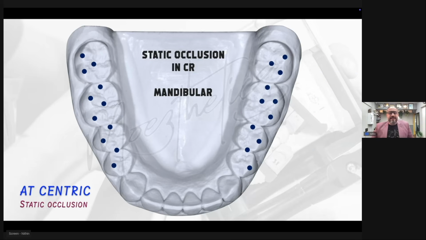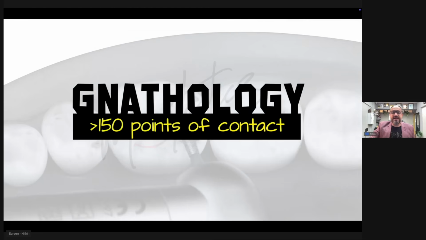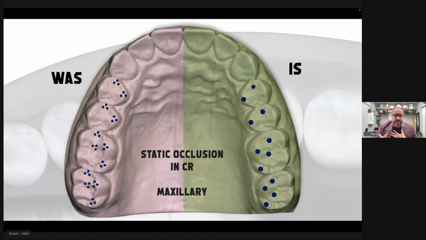Let me tell you, we have evolved tremendously, because there was a time when we used to believe in the science of gnathology, and gnathology says you need at least 150 points of contact. Look here, this is what gnathology says. Gnathology says every cusp should have a three-point contact. It's called tripodization.